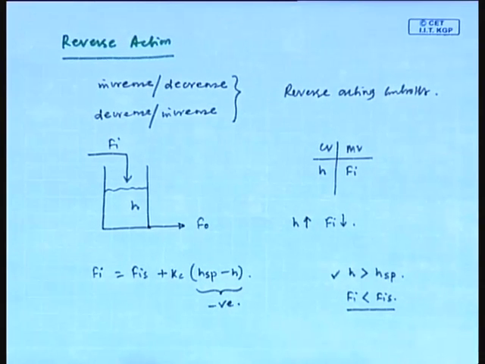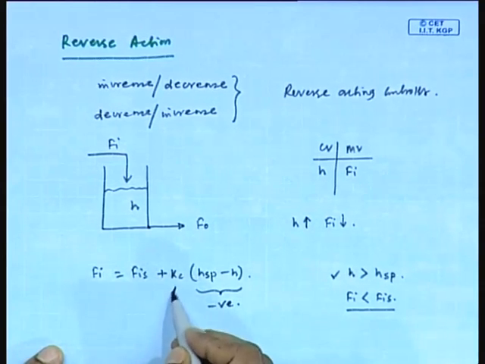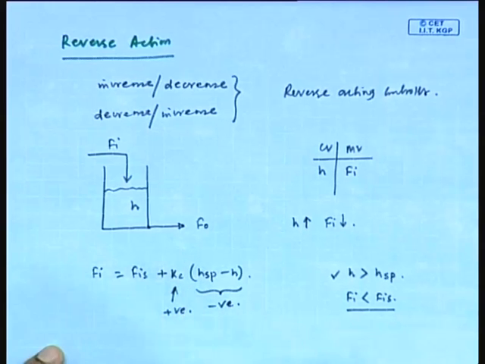Now, how can the controller maintain Fi less than Fis? Agree?